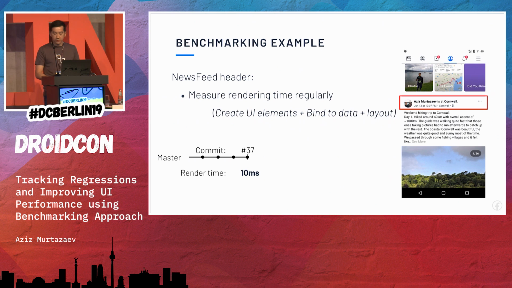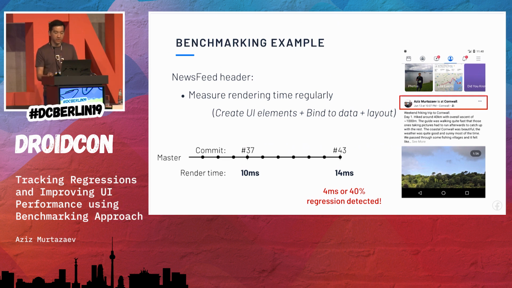And after some time, you do a measurement again, let's say at commit number 43, and it took 14 milliseconds. And now we detected a regression. So the rendering time increased by 40%.